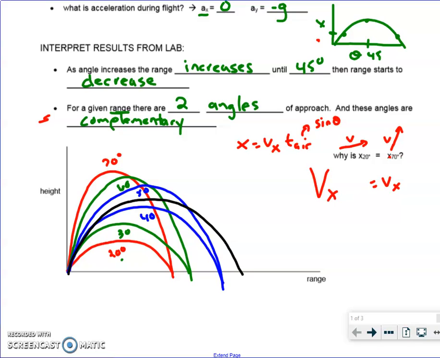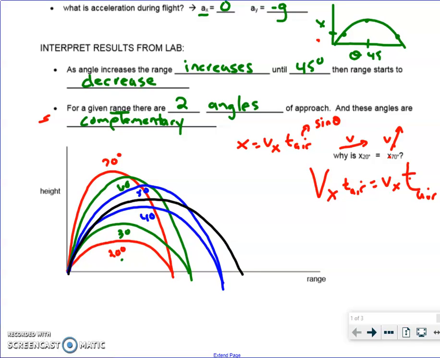However, since 70 is more vertical, it's going to be in the air a long time, whereas 20 is going to be in the air for a much shorter period of time. So these two kind of balance out. It's not a proof why complementary angles give you that, but it's giving you an idea that there's a balance when you fire something at an angle between how fast it's moving forward and how much time it's in the air. And 45 gives you the optimal of that.